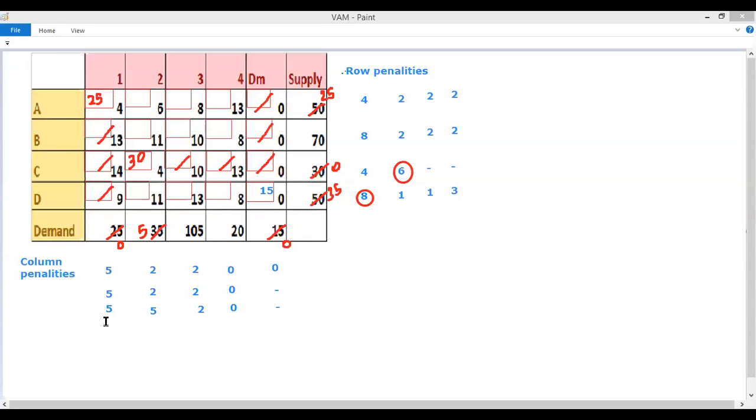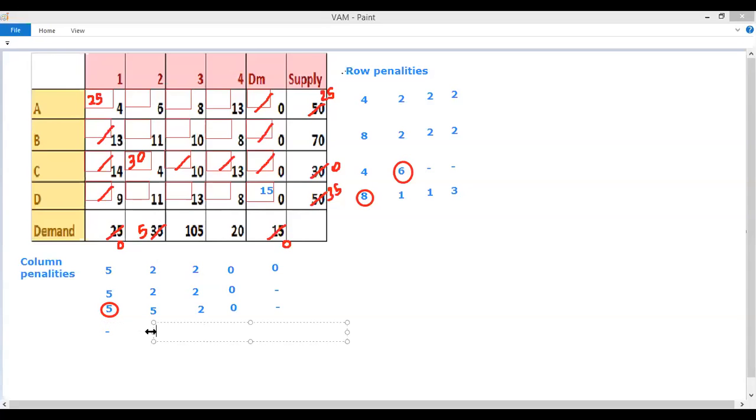And here, one second, earlier we have chosen this one. So this column has been deleted. We don't have to compute.